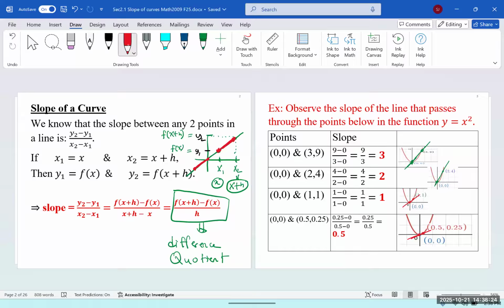So how can you find the slope of a curve? Unfortunately, we cannot find a fixed slope that goes through any 2 points. However, we can find something that goes through only 1 point. We can find the slope of the line that goes through this point, or that point, or this point, or that point, like any 1 point.